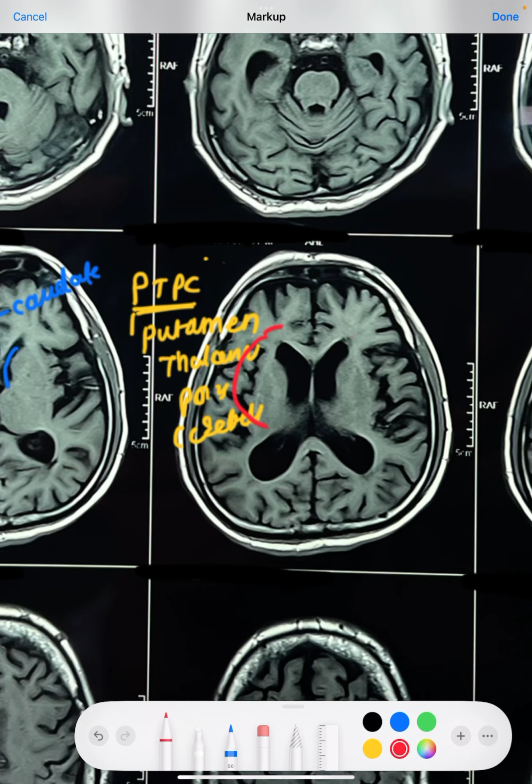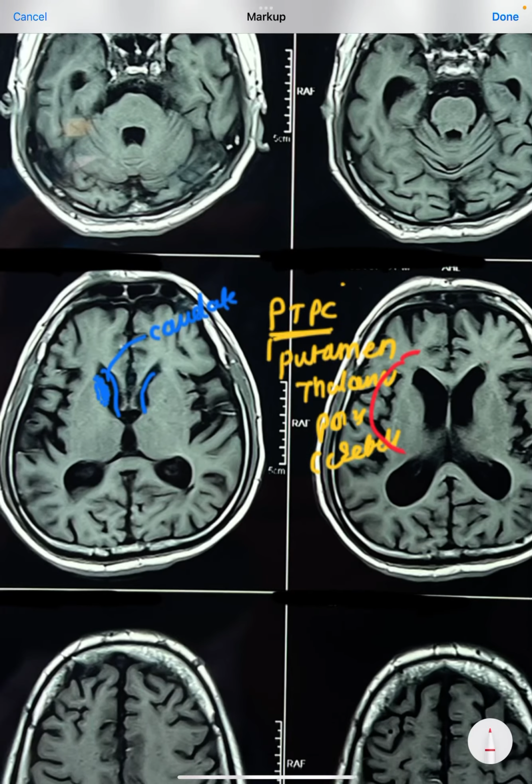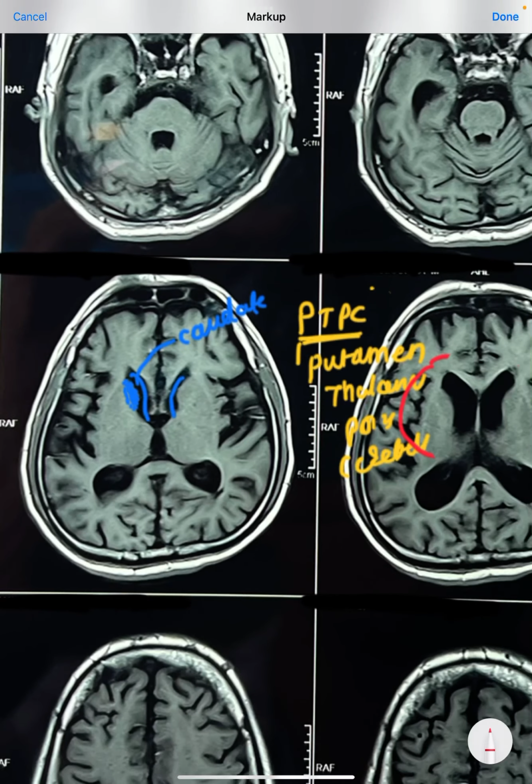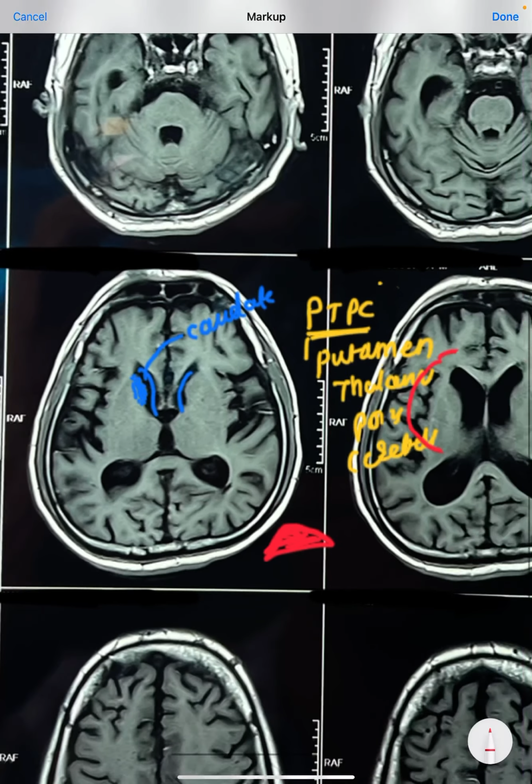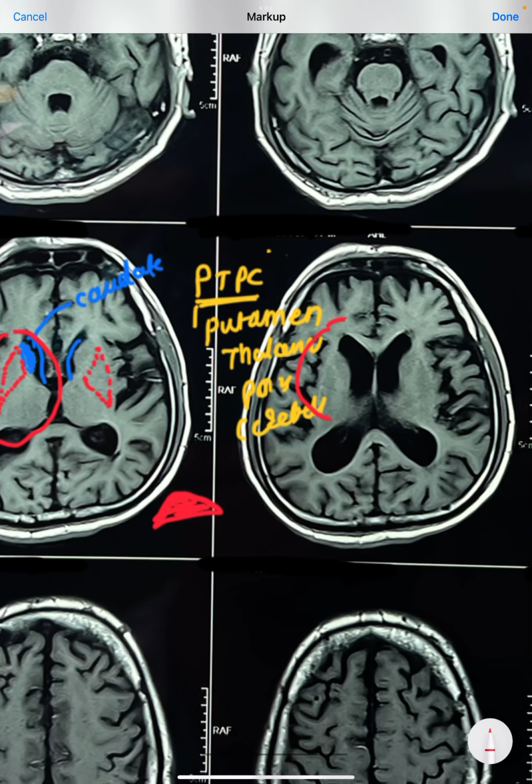The second thing is the putamen. The putamen is a lens-shaped structure. Lens means it is like a triangular-shaped structure. We can very easily make it out here. So this is a lens-shaped structure which is called the putamen.